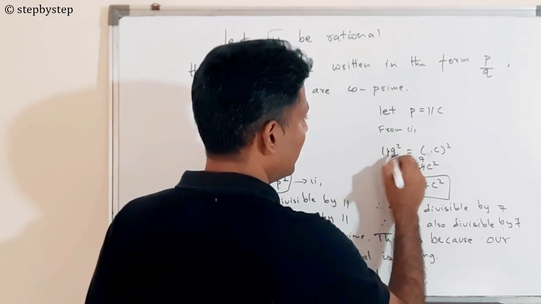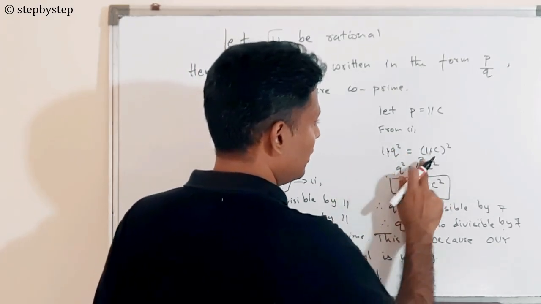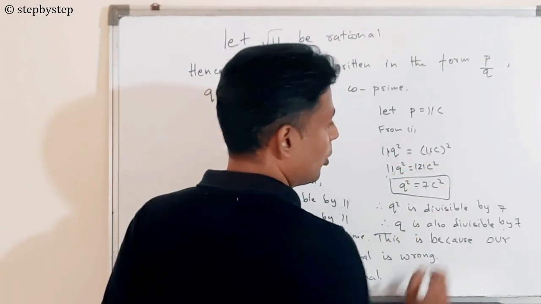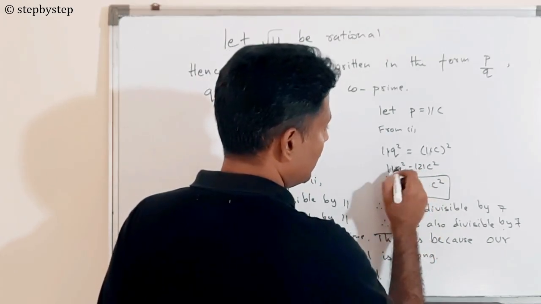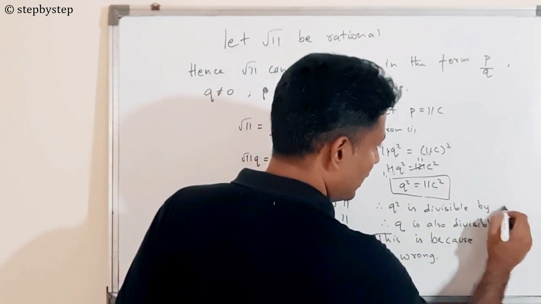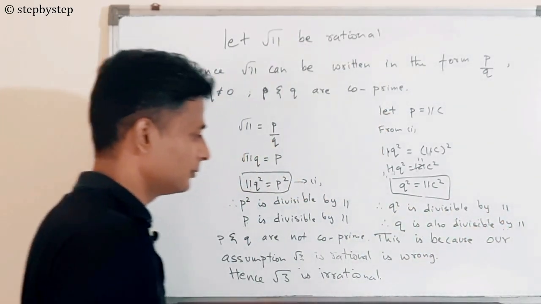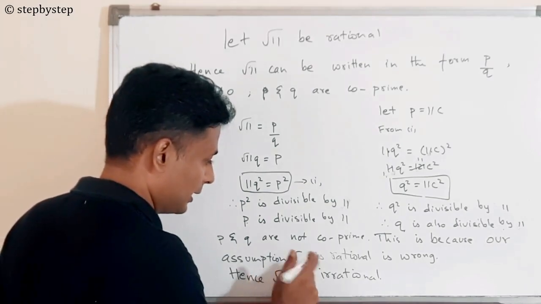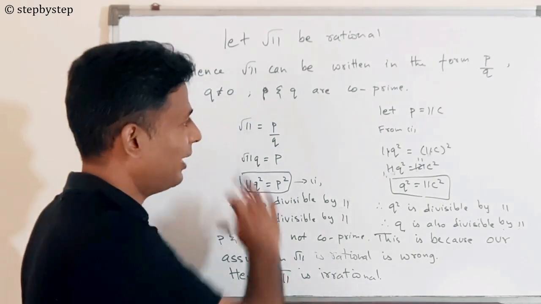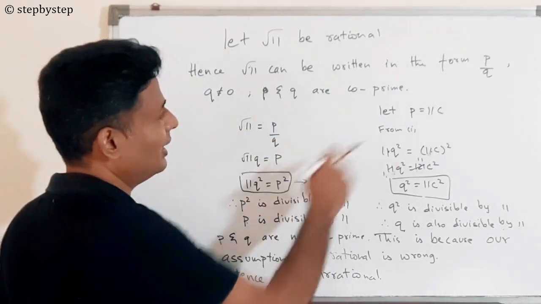Here again wherever 7 is there it will become 11, and here it will become 121. 11 ones are 11, 11 elevens are 121. And here again 11 and 11. So everything remains the same, only the numbers will change.